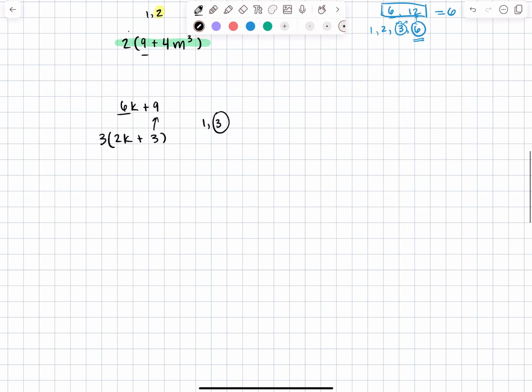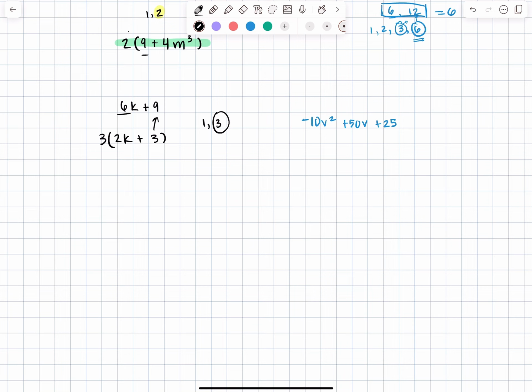Next example we have here is negative 10v squared plus 50v plus 25. We could do this two ways, but first let's focus on the factoring. So we have 10, 50, and 25, or you can think of it as negative 10, 50, or 25. Doesn't matter.